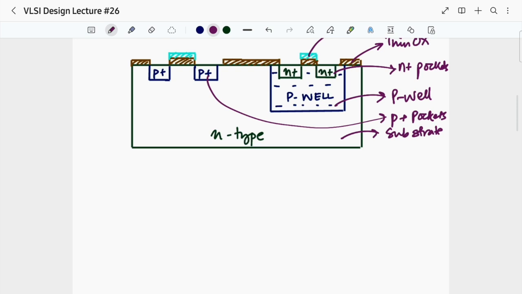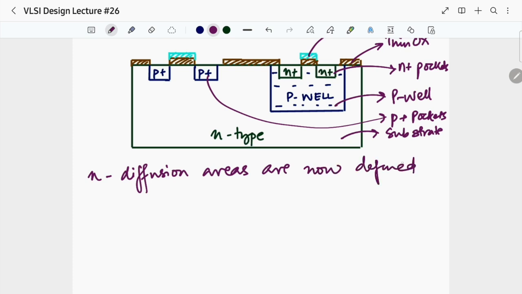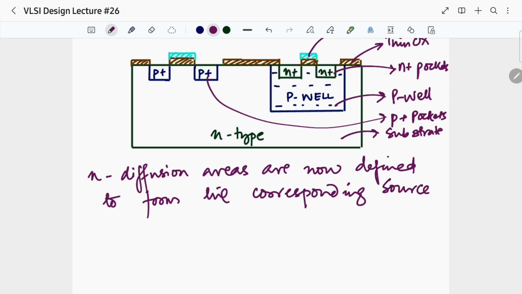Let us write it down. So we have to write what we have done in this step. So we will be doing the N plus diffusion areas are now defined to form the corresponding source and drain for NMOS.